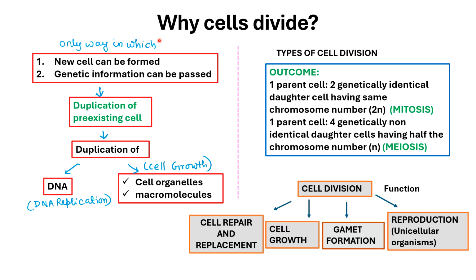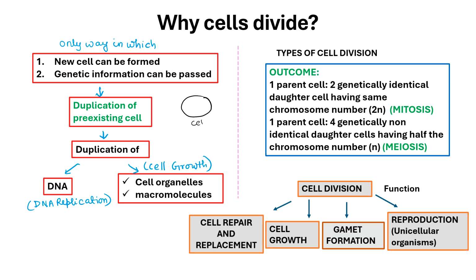If we consider a cell, the only way in which we can make a copy of it, okay? Let's say we have a cell. The only way in which we can make a copy of it is by duplicating the pre-existing cell, okay?